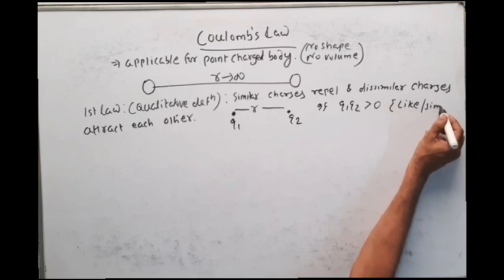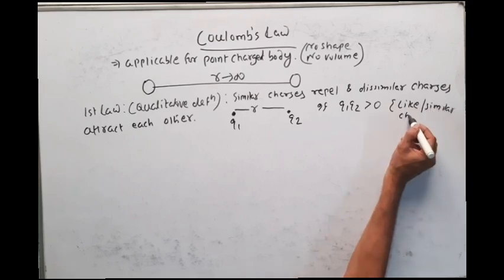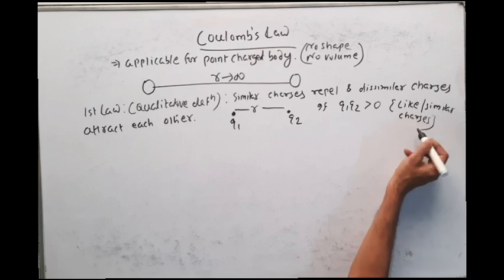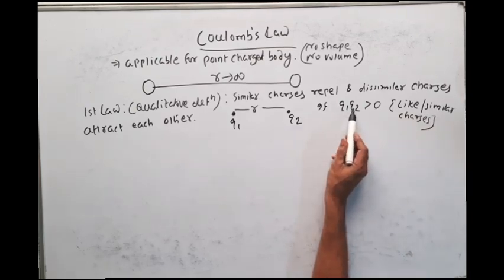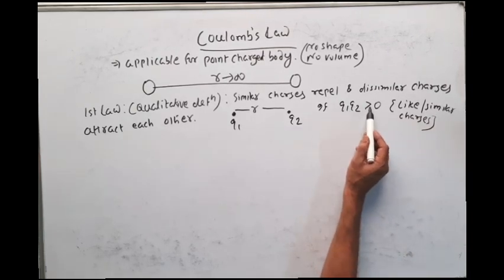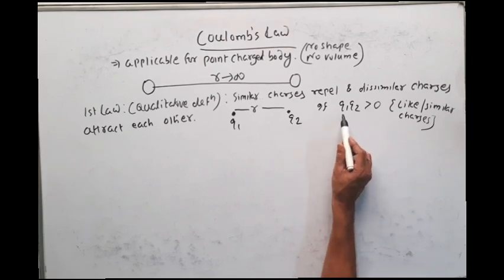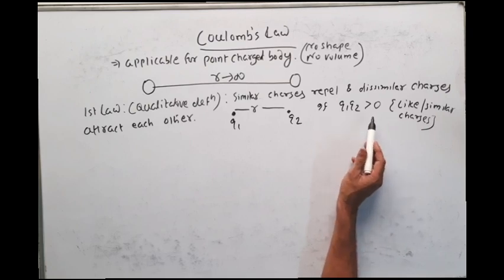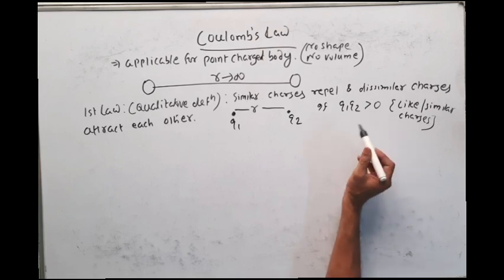If both are positive, positive into positive is positive, which is greater than 0. If both are negative, negative into negative is also positive, greater than 0. So this is the condition for similar charges.